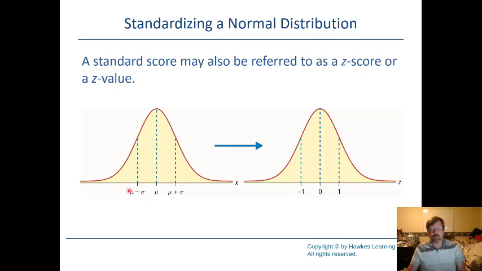If this is 1 standard deviation, we subtract the mean from this and divide by the standard deviation, we get 1. So we've converted that to 1 for our standard deviation. We've just standardized the data. I've also heard it referred to as normalized sometimes.